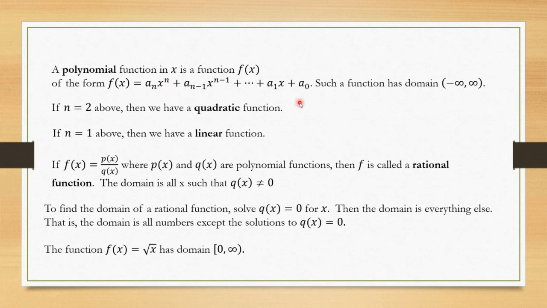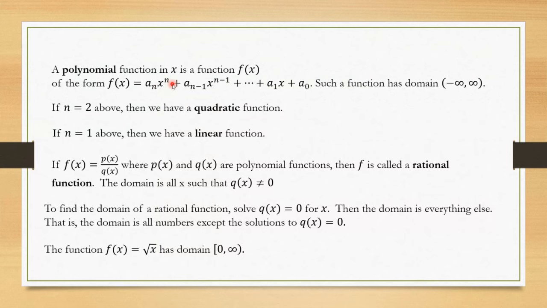What's nice about these functions is the domain is all real numbers. There's no restriction, in other words. I mean, the range, that's a different story. The range actually, it turns out, depends on the n here. And I think the a sub n comes into play as well. Yeah, it does.